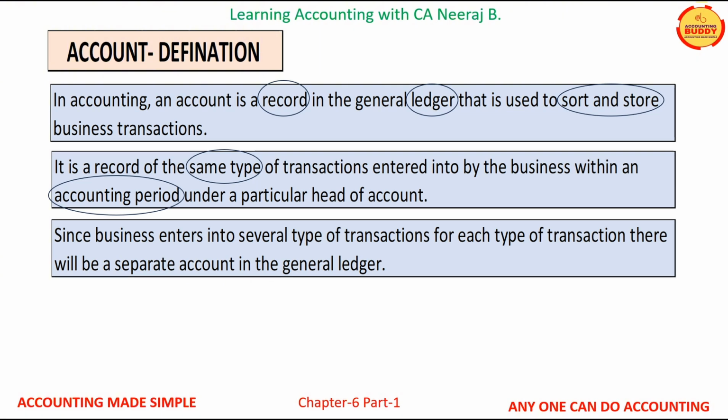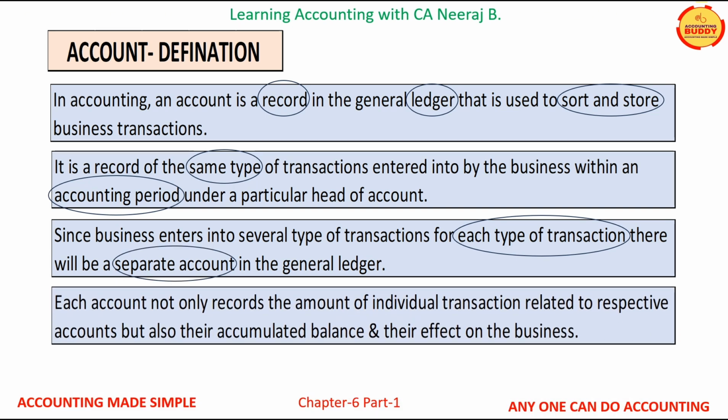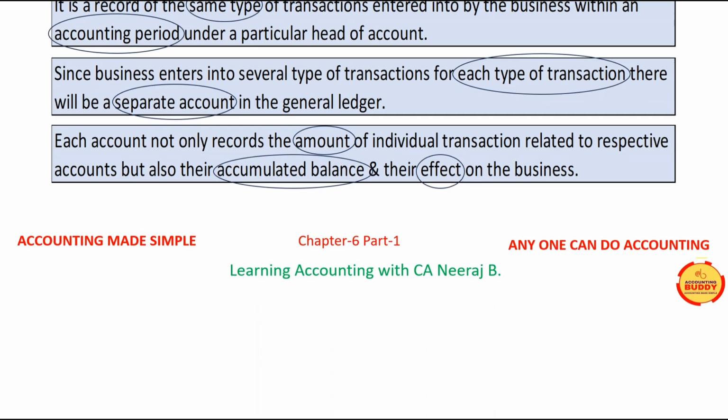Since the business enters into several types of transactions, for each type of transaction, there will be a separate account in the journal ledger. Each account not only records the amount of individual transaction related to the respective accounts, but also their accumulated balances and their effect on the business.